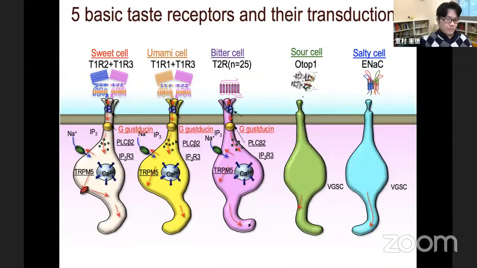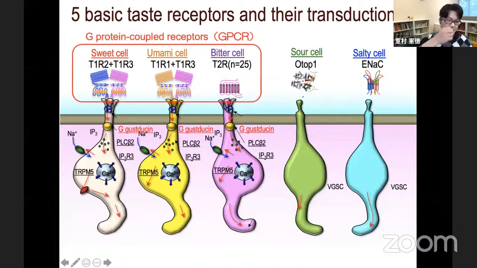This is a summary of topic 2. The receptors for sweet, umami, and bitter are GPCRs. When these GPCRs are activated, G protein, can you see? Blue, blue.